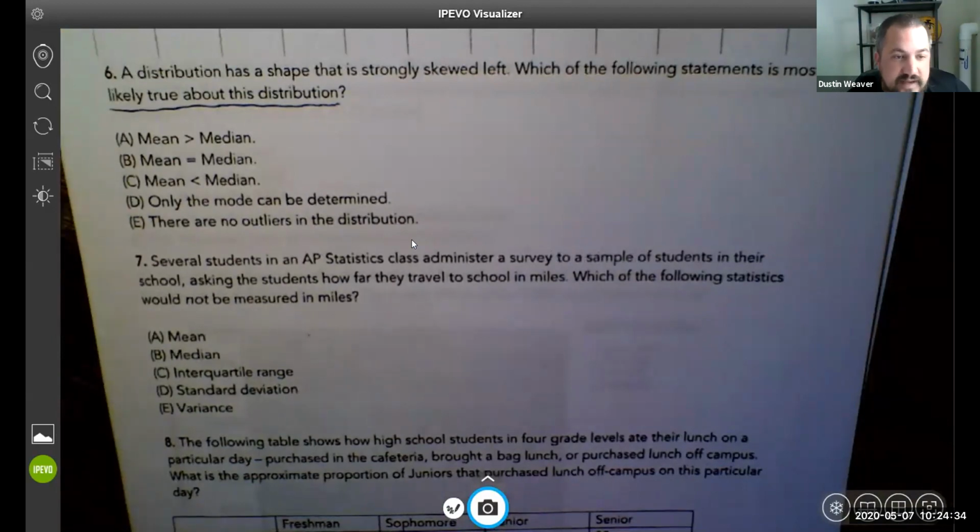So the mean should be what compared to the median? What should the mean be compared to the median in this one, if the distribution is strongly skewed to the left?